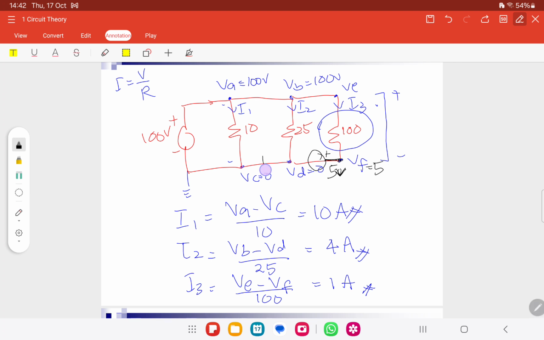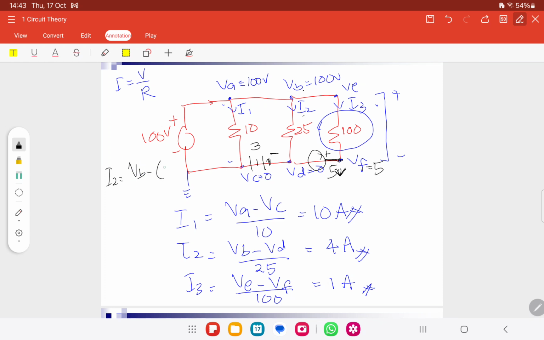Sama juga kalau kat sini dia letak bateri macam tu. You have to consider the value. Contohnya yang ni bateri ni terbalik. Yang ini adalah 3. Tapi ni negatif. So, untuk I2 VB, ni tengok yang hitam.